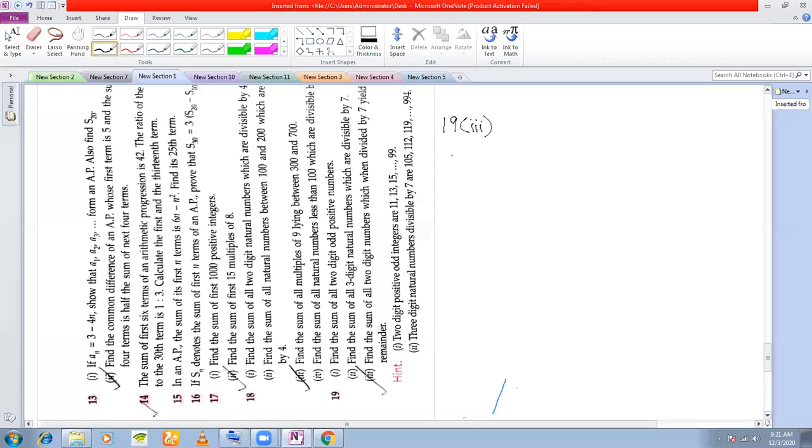19.3. Find the sum of all two-digit numbers which, when divided by 7, yield 1 as the remainder. Sum of all two-digit numbers. Okay.